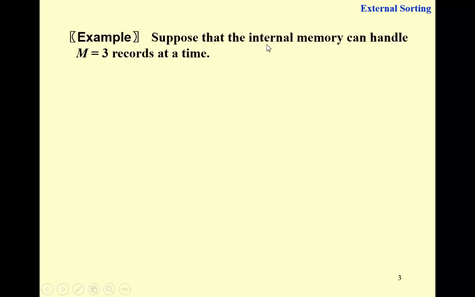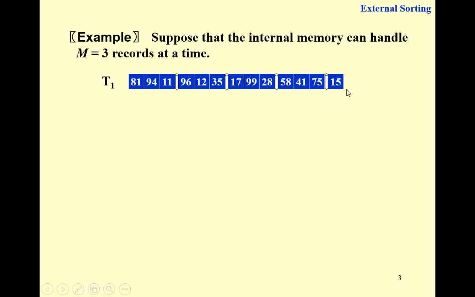Suppose that the internal memory can handle only 3 records at a time, and we have that many numbers on the tape. And this is our internal memory.